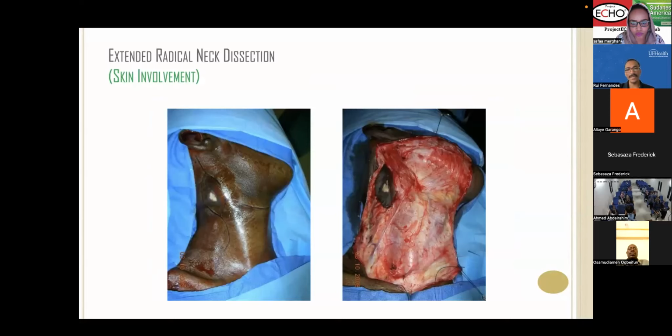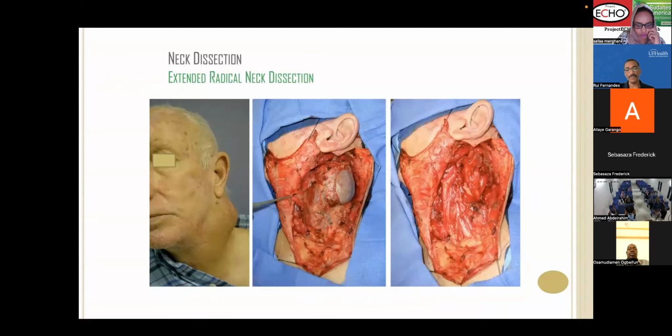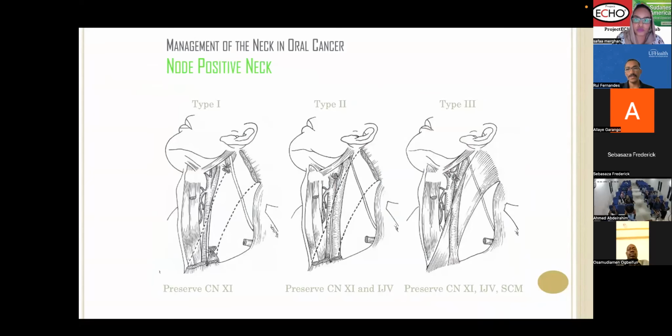And typically that involves the skin. Those patients are put into the extended neck dissection. Again, some case examples. In terms of modified neck dissection, again, it's whenever you preserve one or more of these structures. I'll go through this rather quickly for the sake of time.